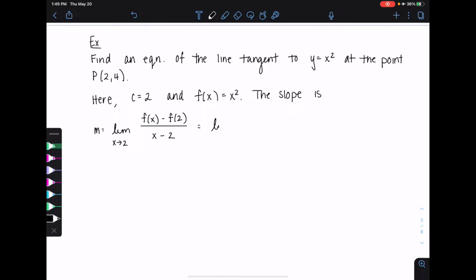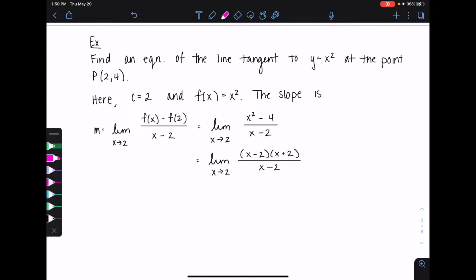So this is equal to the limit as x approaches 2, where our function is x squared, the y value corresponding to 2 is 4, and in the denominator, we have x minus 2. So this gives us the limit as x approaches 2. We can factor that really nicely: (x plus 2)(x minus 2) over x minus 2.